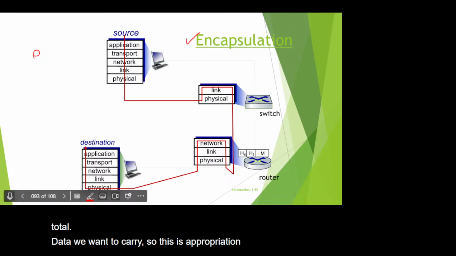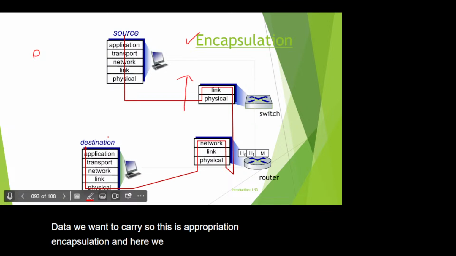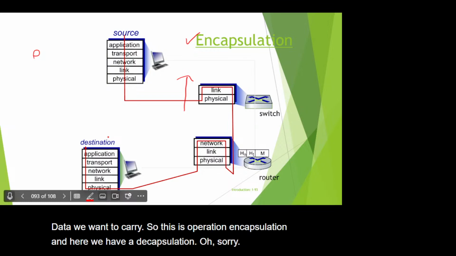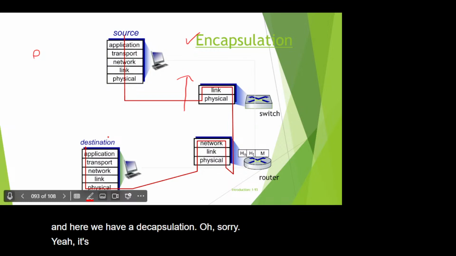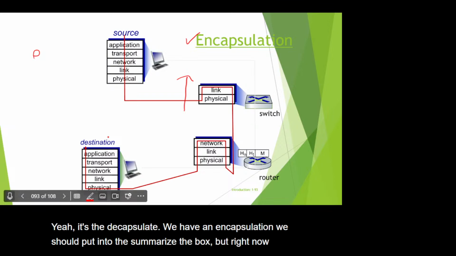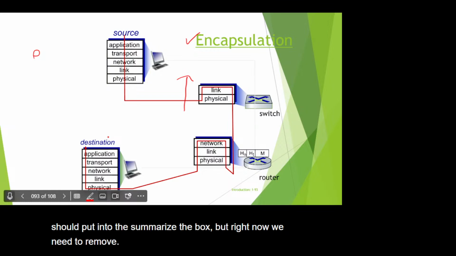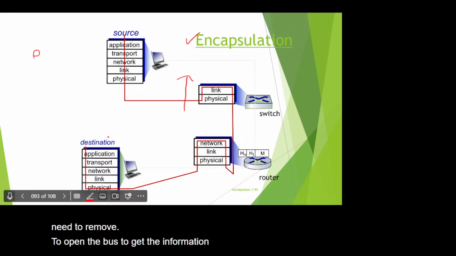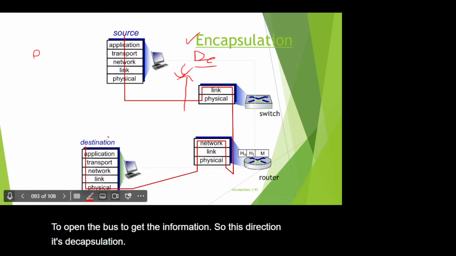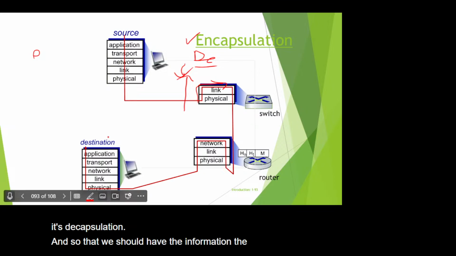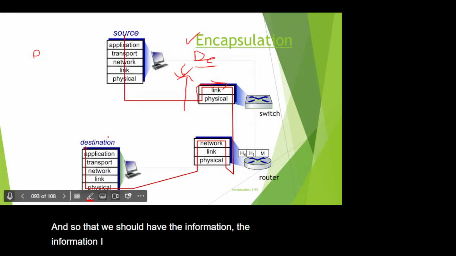And here we have a decapsulation. Oh, sorry. Yeah, it's the decapsulation. We have an encapsulation. We put it into something like a box. But right now we need to remove, to open the box to get the information. So this direction is decapsulation. And so that we should have the information, so I know which output.